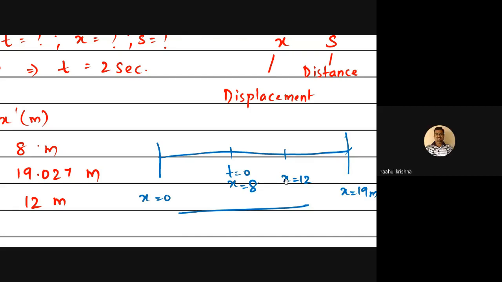But is that the total distance that the particle has traveled? My particle has traveled from 8 meters to 19 meters and then back to 12 meters, right? So my total distance will be x equal to 19 minus x equal to 8, plus x equal to 19 minus x equal to 12.